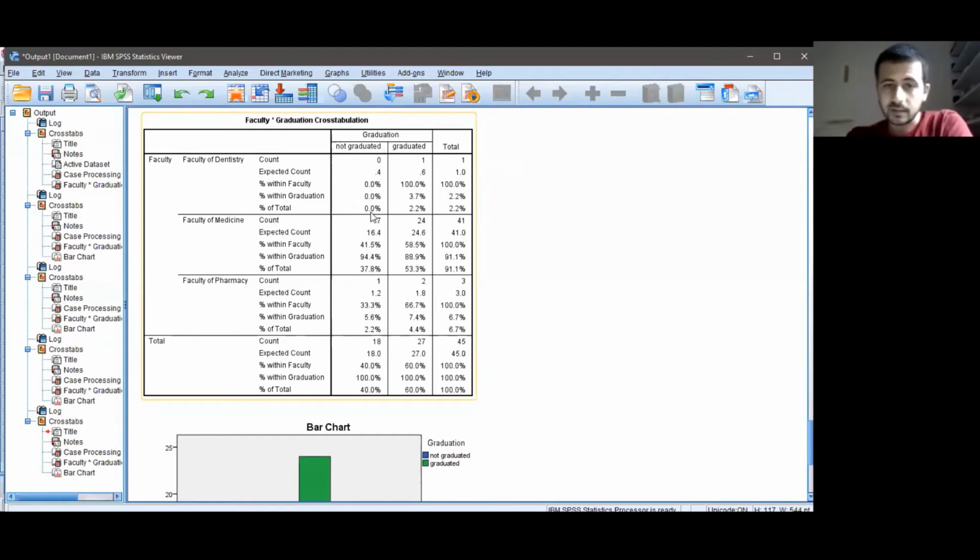And the third one is the percentage out of the whole table. We don't use them so much, but we use the first one so frequently. Okay, so do you understand those numbers?